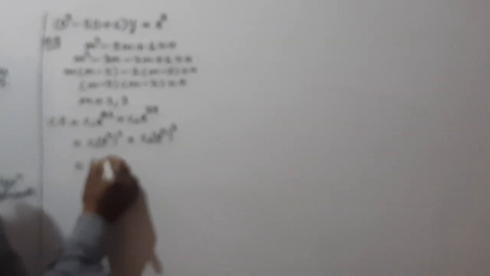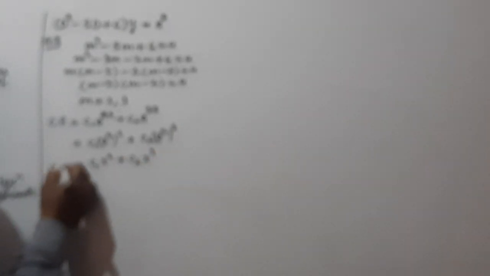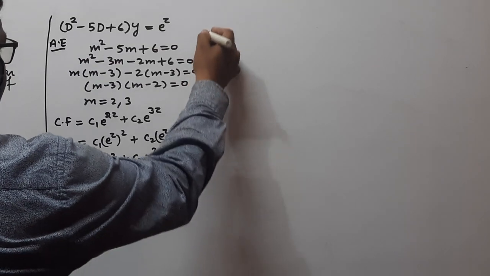And you know that when we reduce a homogeneous linear differential equation into a linear differential equation with constant coefficients, we replace e to the power z in place of x. So here we write x, so this is c1 x square plus c2 x cube. So this is the complementary function of the given homogeneous linear differential equation.